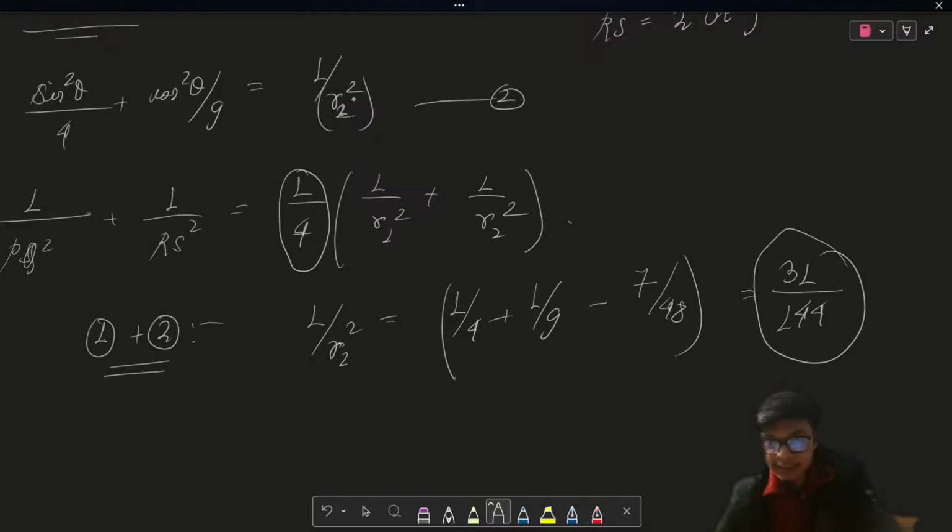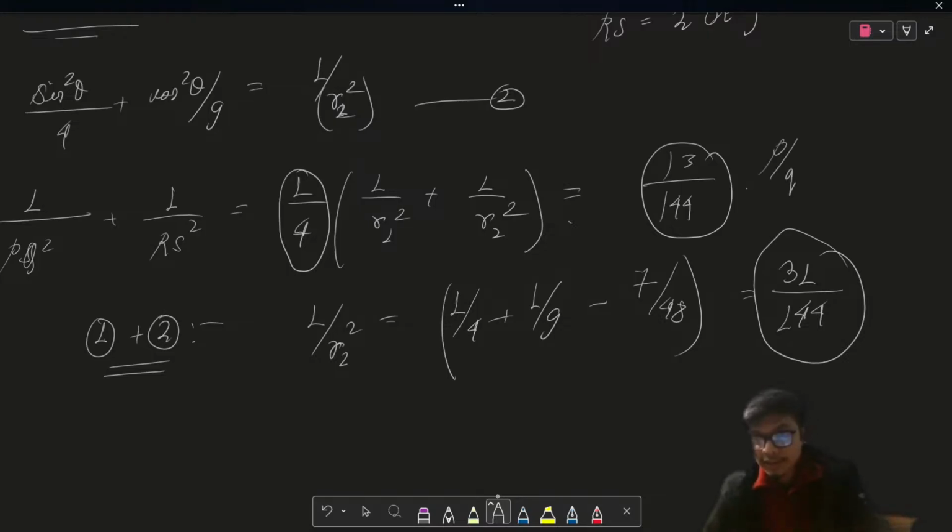So from here I will get this relation for 1 by r2 square, which brings me to the final value of 13 upon 144, the value of this given ratio of distances, right? And as mentioned in the problem, it is given as P upon Q.